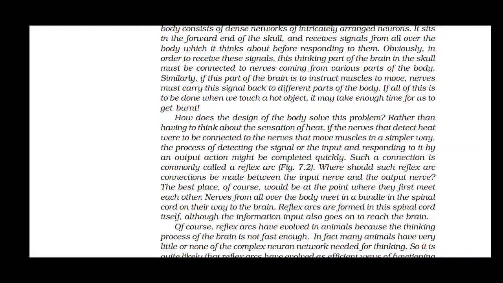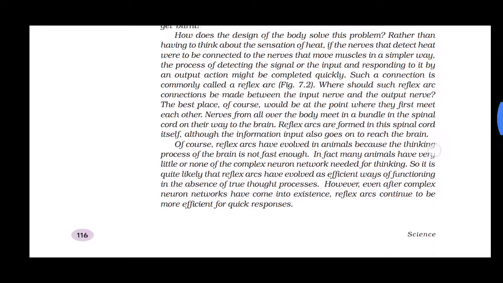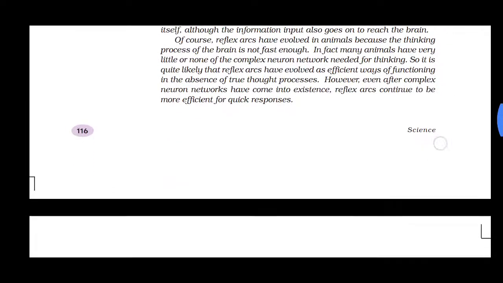Now, what is the need of reflex action? In some situations, such as touching a hot object, pinching, etc., we need to act quickly. Otherwise, our body would be harmed. Here the response is generated from the spinal cord instead of the brain, because if the message is passed to the brain, it will take more time for the information to pass to the muscles and for the muscle to react.